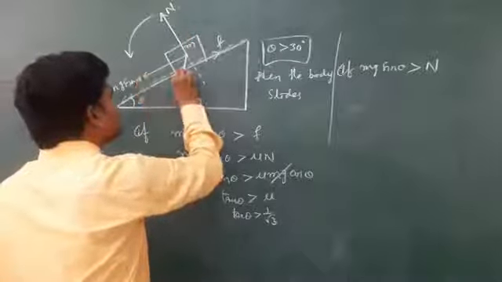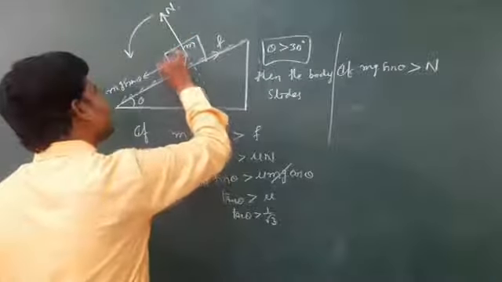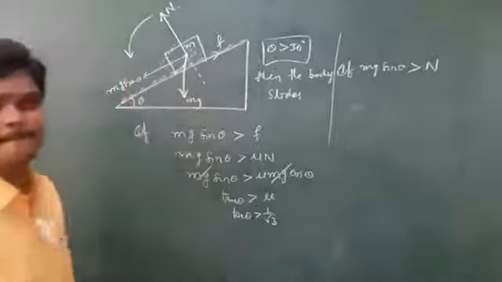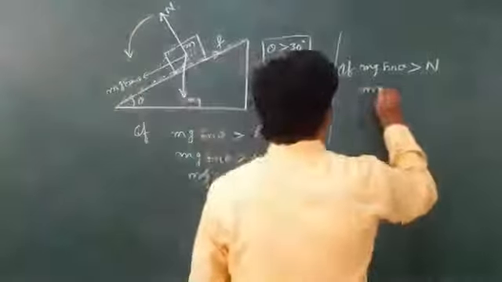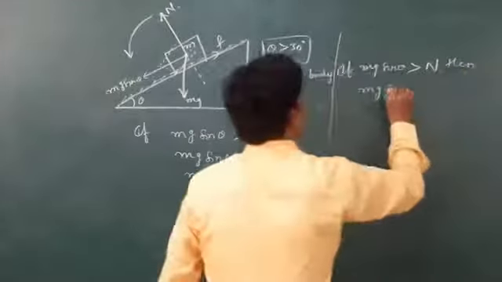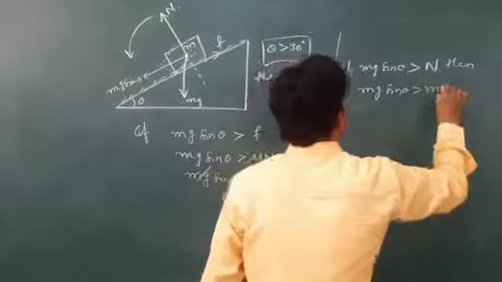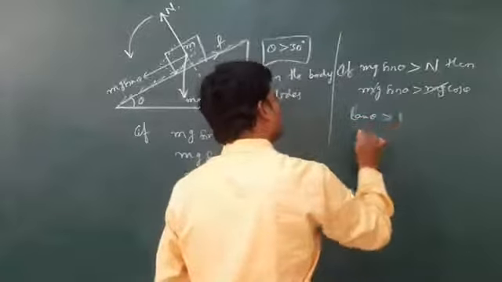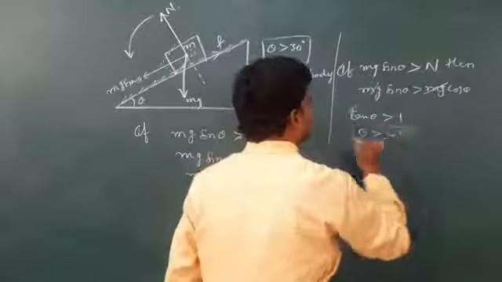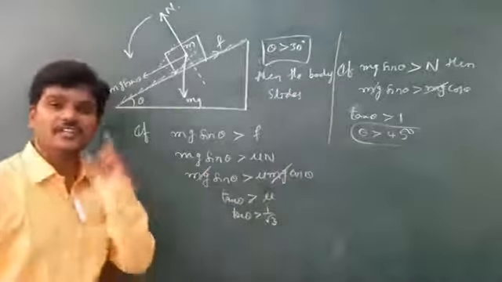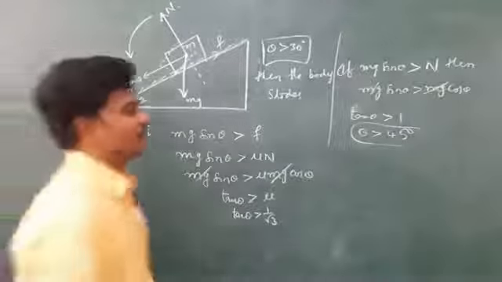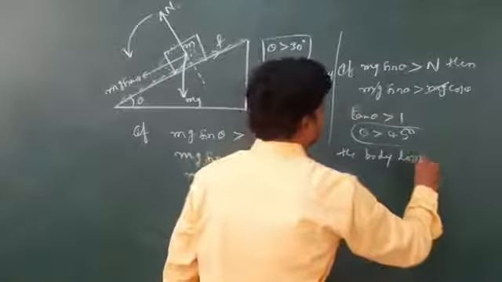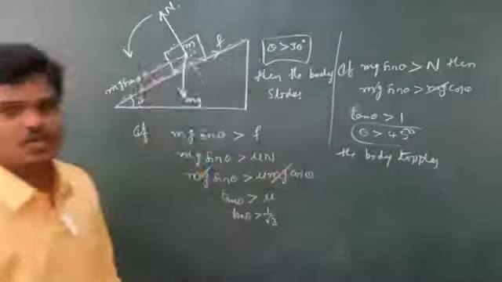If this is dominating, the body topples. Anyhow, the normal reaction is mg cos theta. So tan theta greater than 1, that means theta greater than 45. Once the angle of inclination is greater than 45, the body topples.